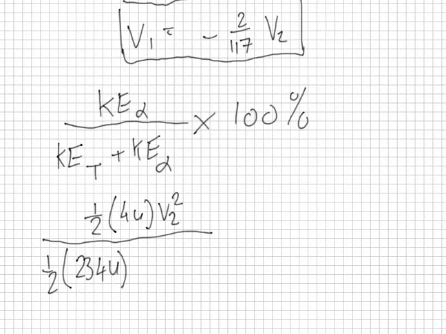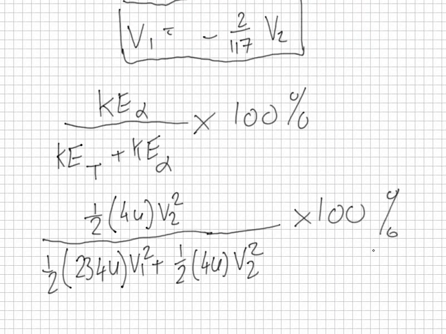And what's the velocity of the thorium? Just give it to me as the original, v1 squared. Plus, now, the alpha, a half m v2 squared. Multiply 100%.